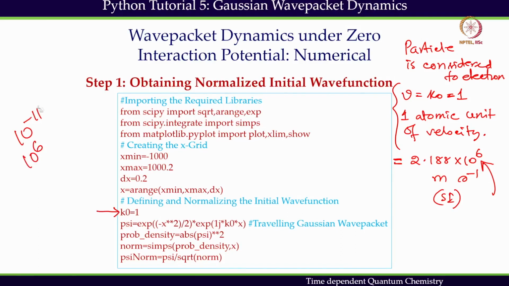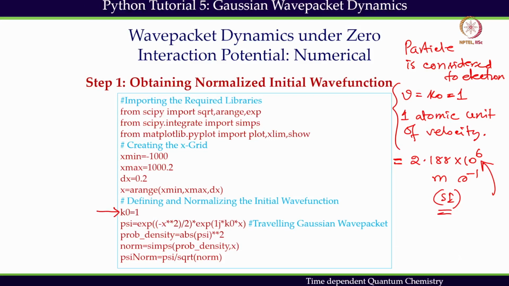It is very difficult to use the SI unit for this calculation. It is much more convenient with atomic unit, and slowly the entire quantum mechanics community has accepted that it is the convenient way to go ahead.